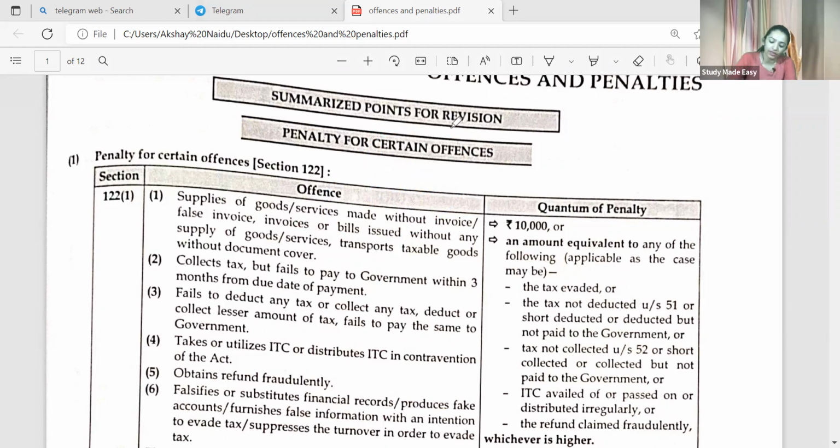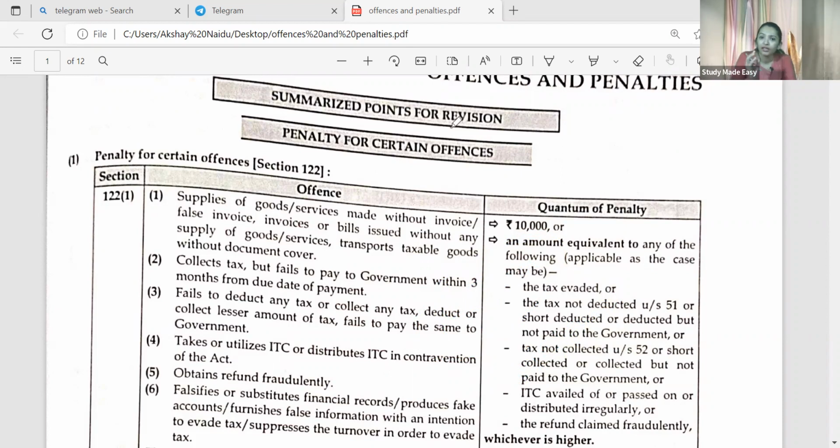After filing of return by you, assessment would be done, and it might be possible that in assessment they will find you were required to pay the taxes but you have not paid, or you have short paid the taxes.